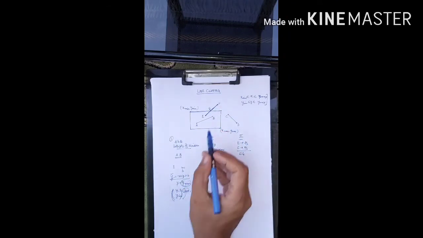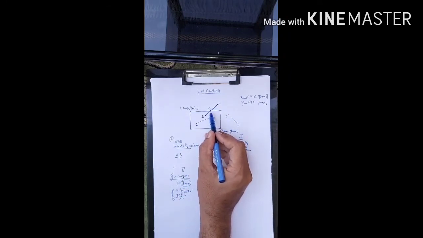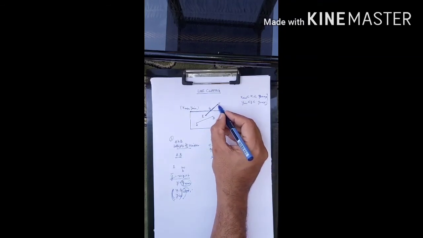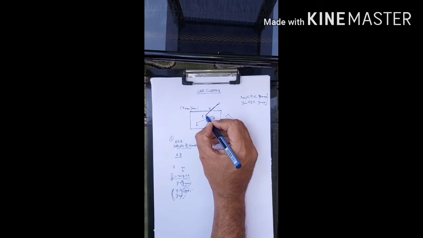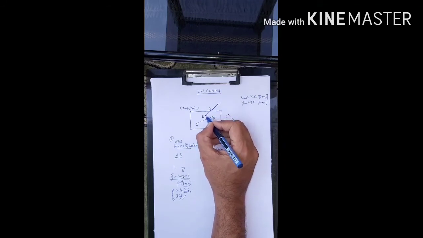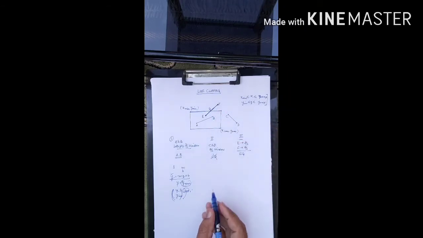Another method of finding this point of intersection is the bisection method. In this method, for example, this is the line, you find the middle point of this line. So what is the middle point?